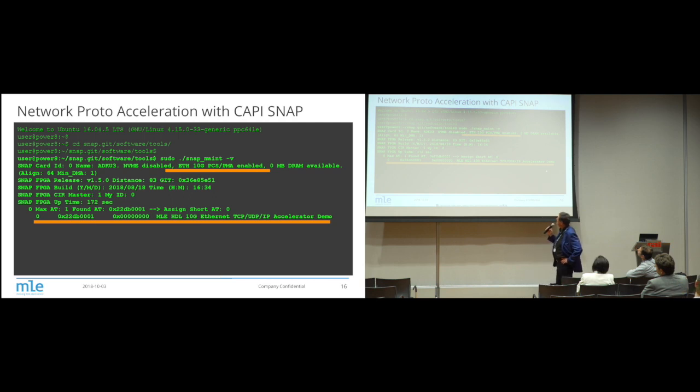What you also see is we started to work with the SNAP people in Böblingen, and took our PCI Express ID, as we're a member of PCI SIG, and turned it into a SNAP ID, and are registering here an HDL 10 gig Ethernet, TCP, UDP, IP accelerator.